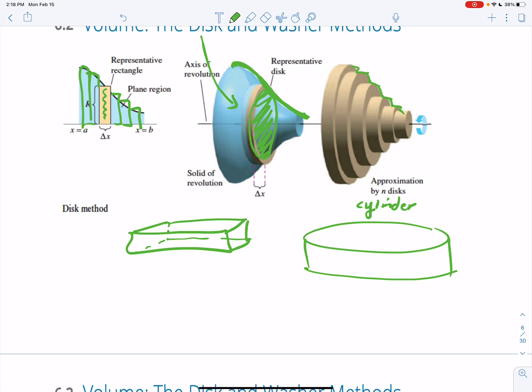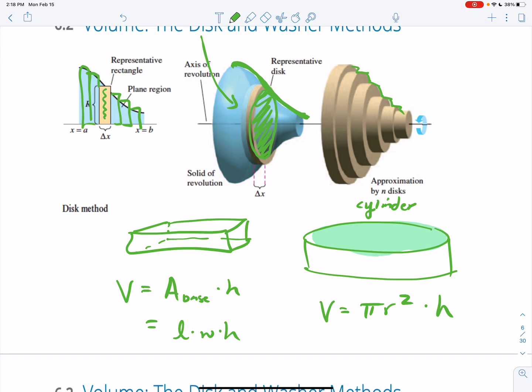If you recall, to find the volume of a box or a prism, it's really just the area of your base times your height, which is really just length times width times height for this prism here. But for this disk, it's really the area of your base. Your base is a circle. So to find the area of your circle, it's really pi r squared times the height.